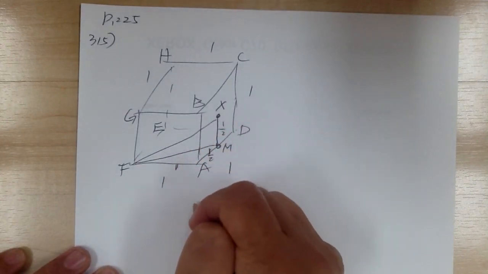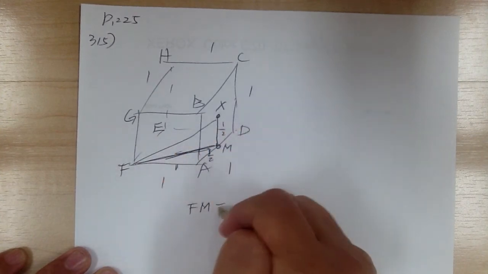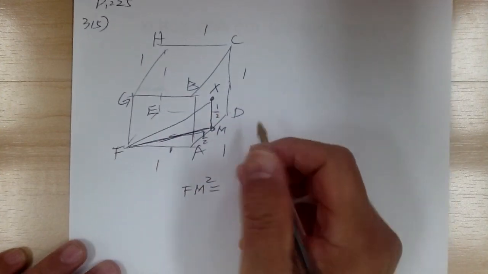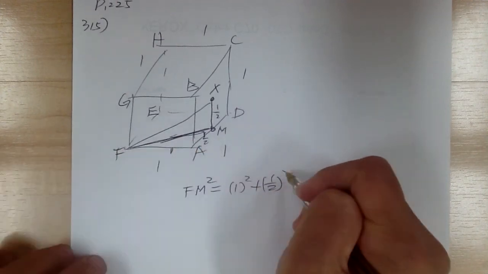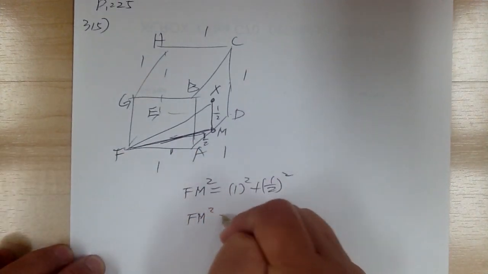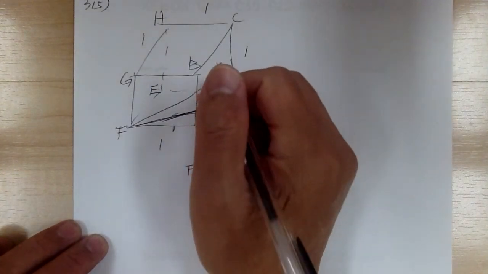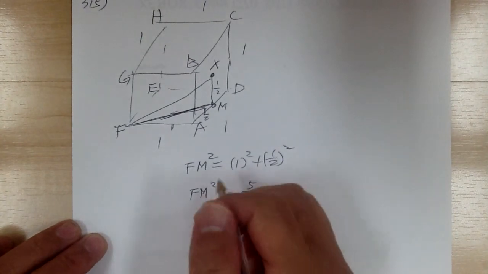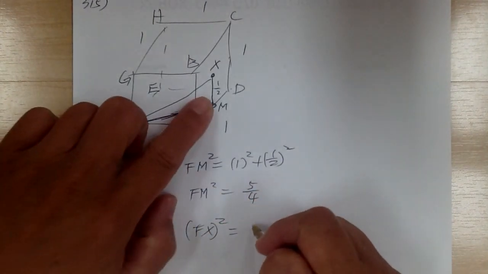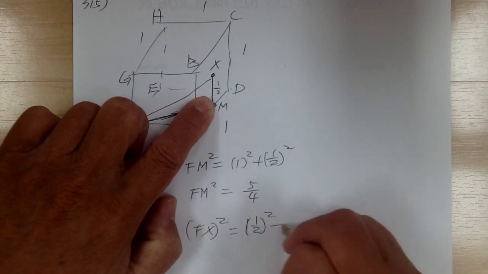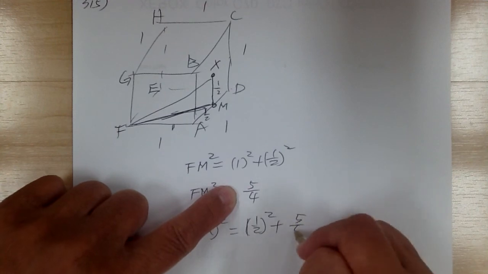Okay, so first let's figure out the FM. That is this right over here. So FM square, I'm going to keep it as a square, so it'd be equal to 1 square plus 1/2 square. So FM square will equal 5 over 4. Okay, and then to figure out the FX, so FX square equal to the 1/2 square plus the FM square, which would be the 5 over 4.